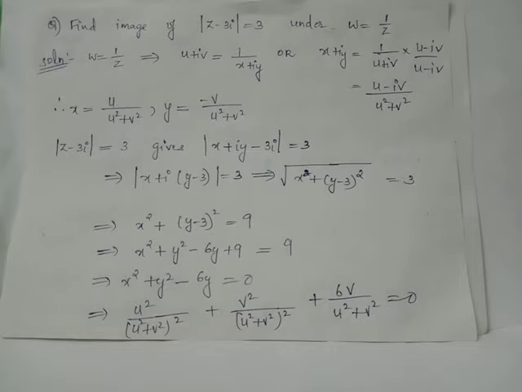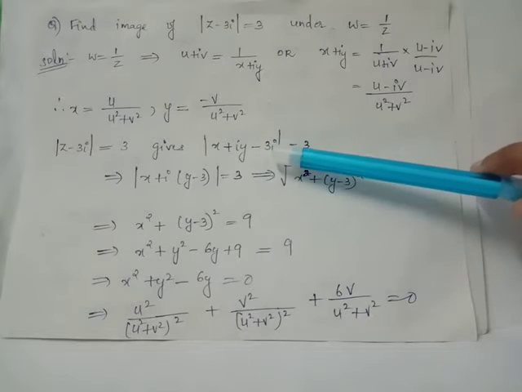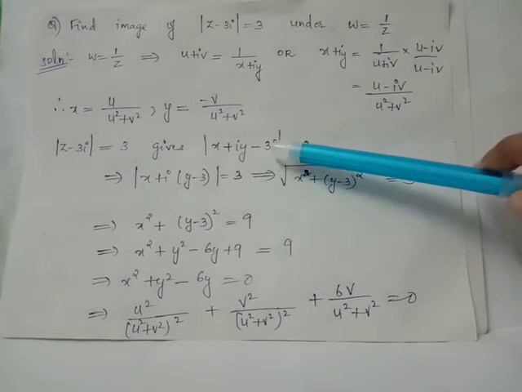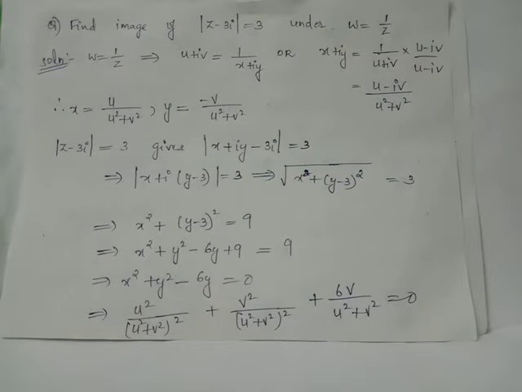When we simplify mod z minus 3i equals 3, we have z equals x plus iy. Therefore, we obtain x plus iy minus 3i inside the modulus. Here, when we group real and imaginary parts, we obtain modulus of x plus i times y minus 3 equals 3.